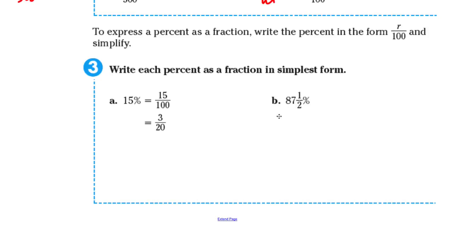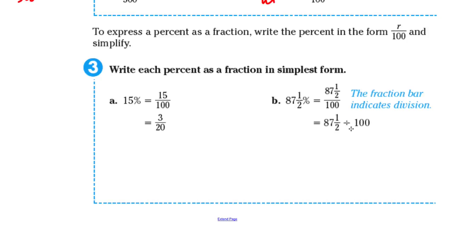And 8.5%, we want to express this again as a fraction in simplest form. So it's 8.5 over 100. The fraction bar indicates division, so this simply means 8.5 divided by 100. Using what we know about dividing fractions, you take the reciprocal of 100 and multiply it by 8.5.